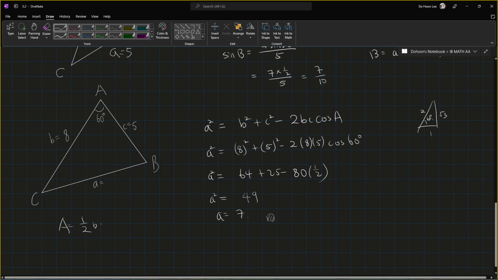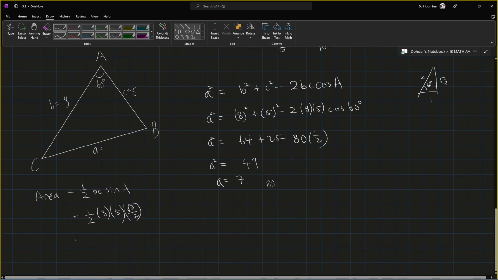It's going to be bc and sine A. I know that b is 8, c is 5, and sine A was sine 60, and sine 60 in this case would be opposite over hypotenuse, so that would be root 3 over 2. And then we can solve everything.